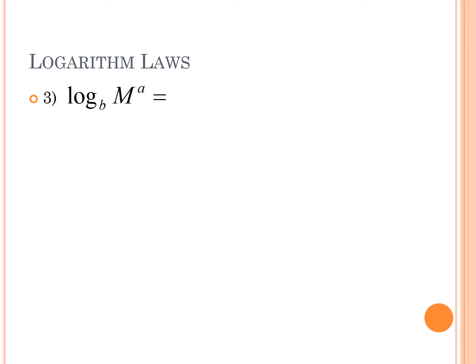Now, our third log law here is something raised to an exponent. Again, if we had x squared raised to the 4th power, we multiply those exponents. Well, here, if we have an exponent, we can multiply it times the log.